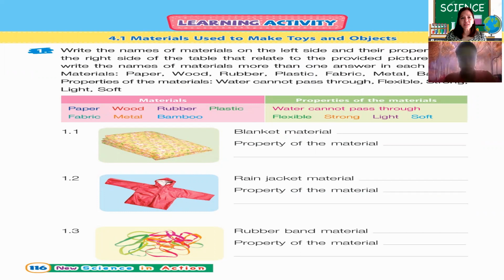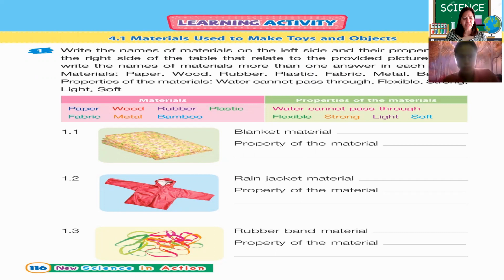Materials used, learning activity: materials used to make toys and objects. Write the names of materials on the left side and their properties on the right side of the table that relate to the provided pictures.